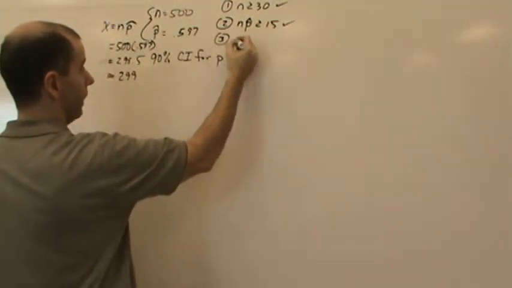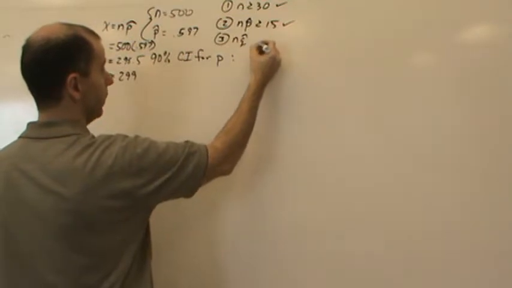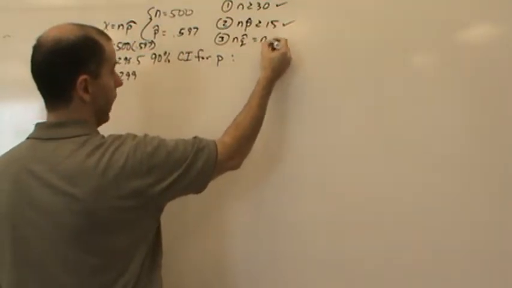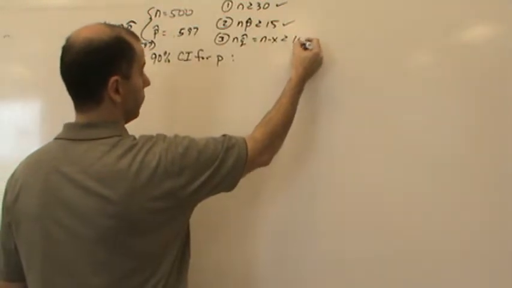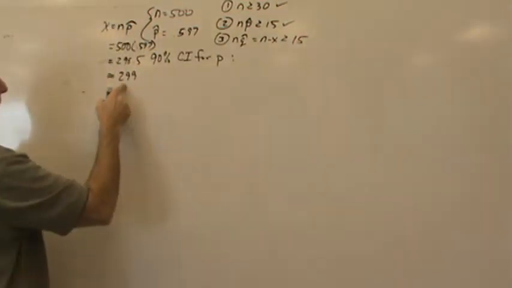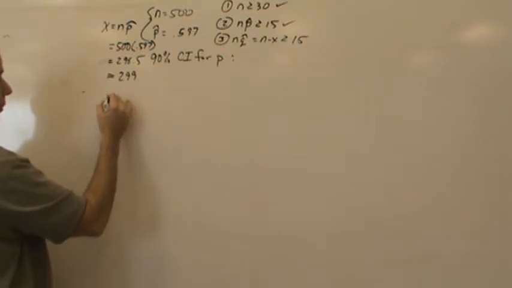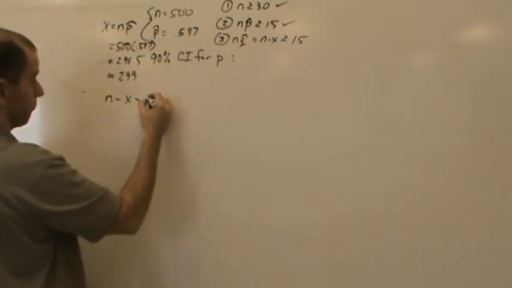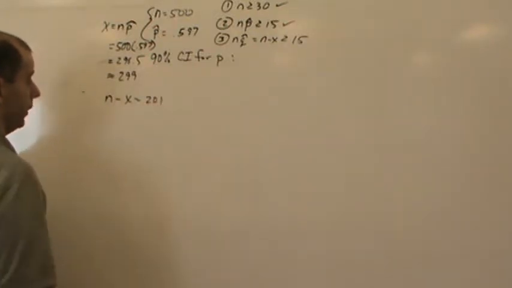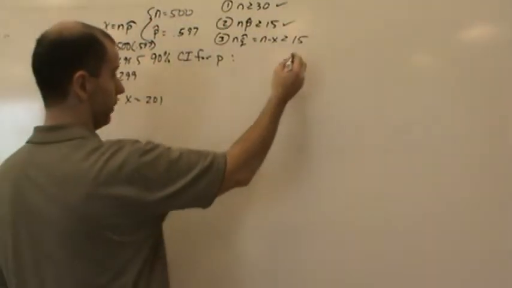And then the third one is n times q hat, which is equal to n minus x, has to be greater than or equal to 15 as well. If we subtract this from 500, n minus x is going to be 201, which is definitely bigger than 15.